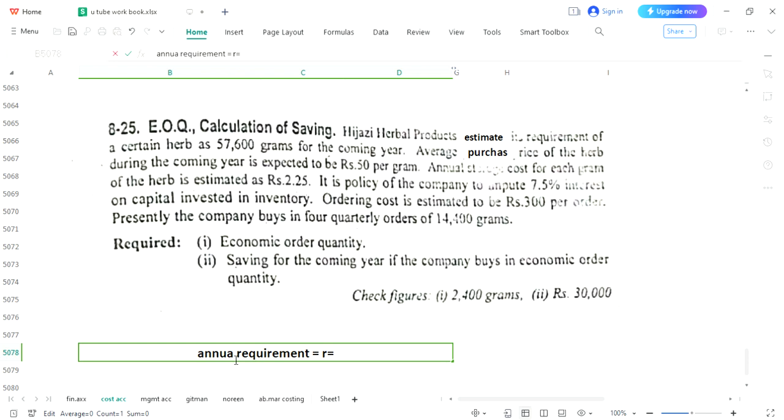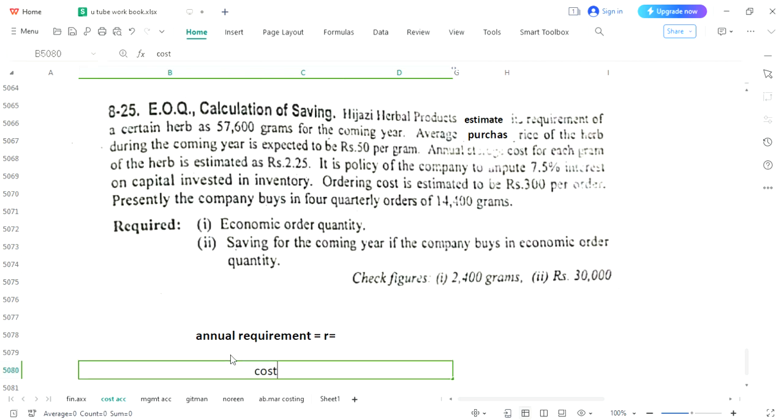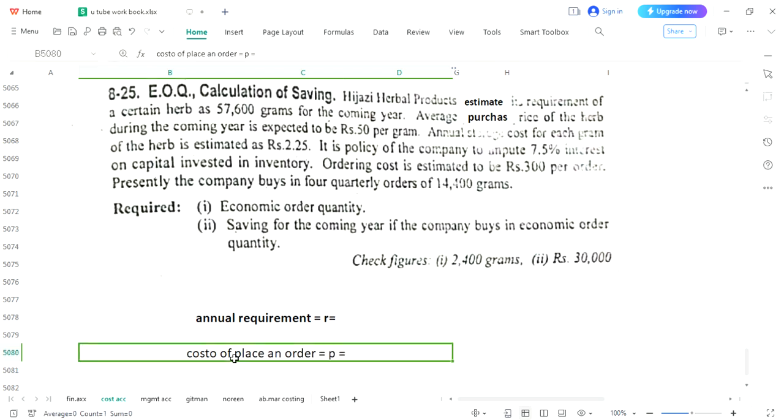The next thing is we should have the cost of placing an order, and it would be denoted by P, and we will see how much the cost is for placing one single order.